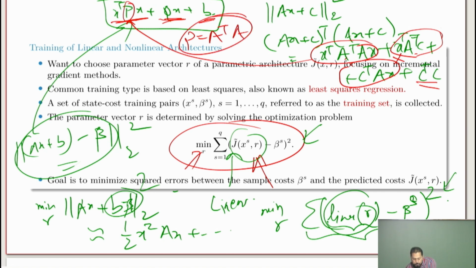Now we know that A transpose A is at least positive semi-definite, because x transpose A transpose A x is always greater than or equal to 0, because x transpose A transpose A x is nothing but the norm of Ax, and this is obviously greater than or equal to 0.